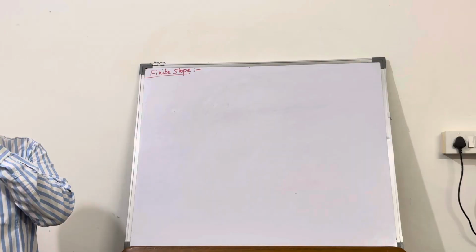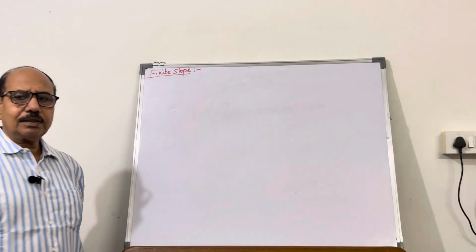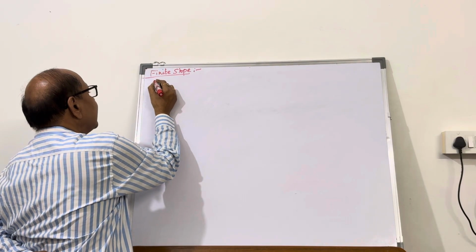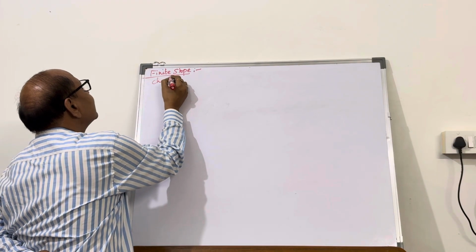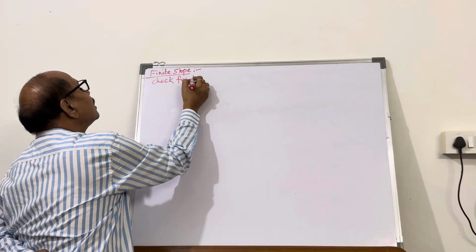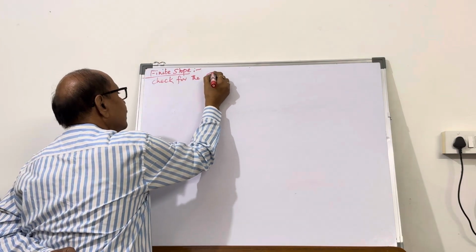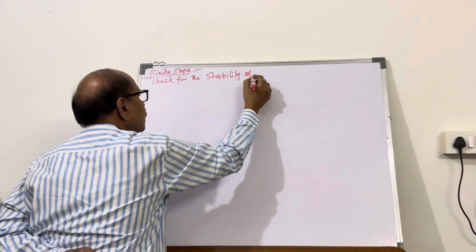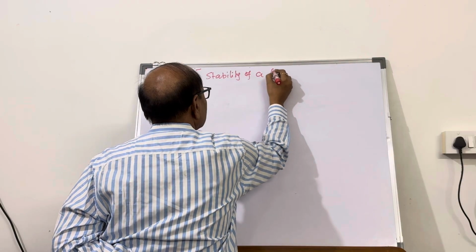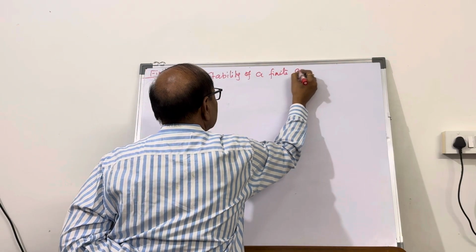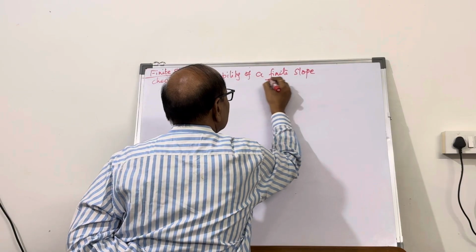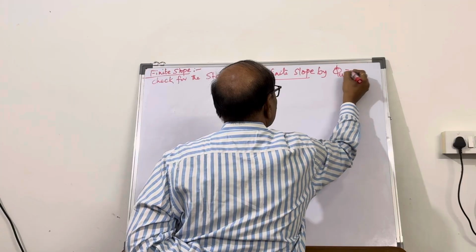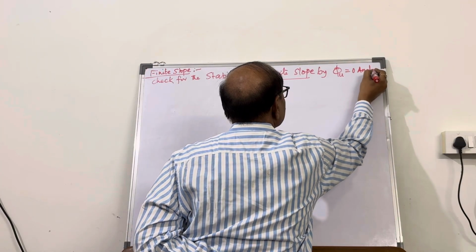In this problem, we will have to check for the stability of the finite slope by phi u equal to 0 analysis.